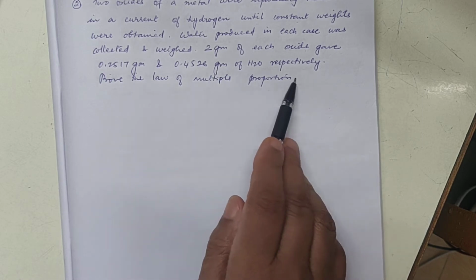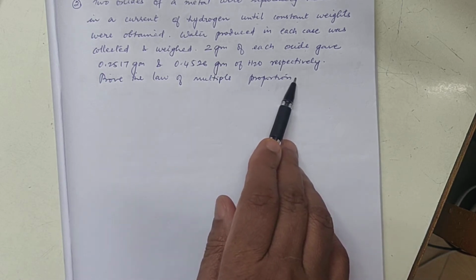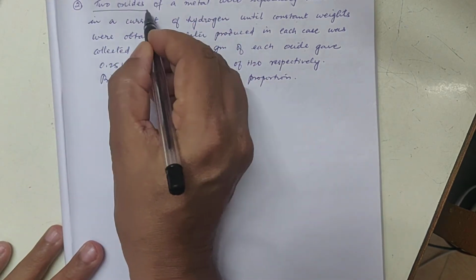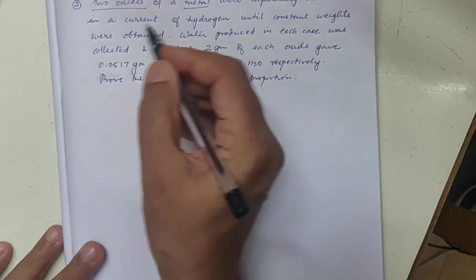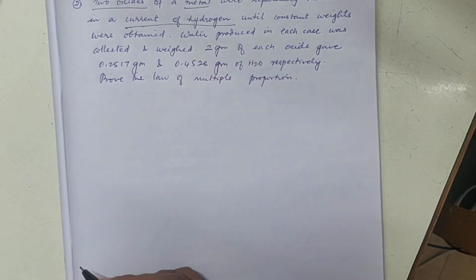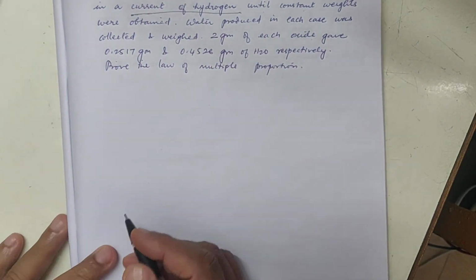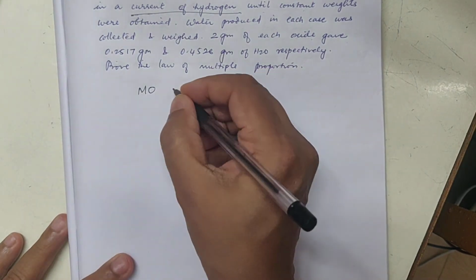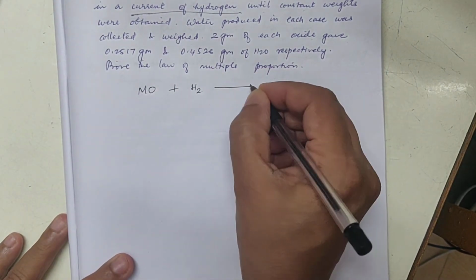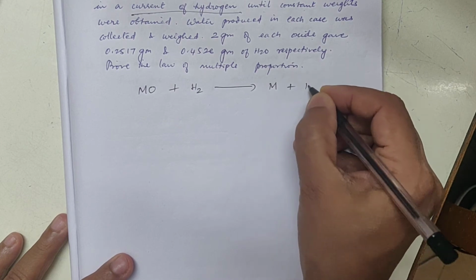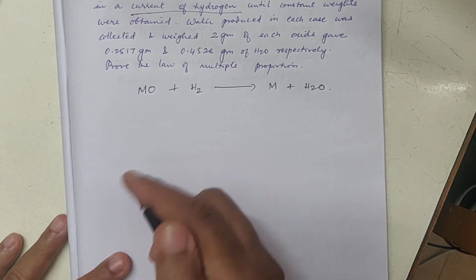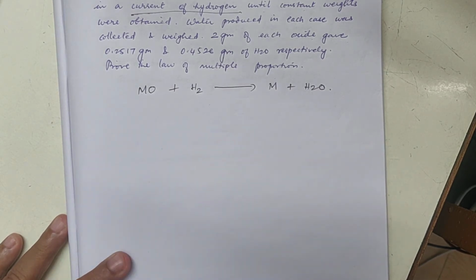And again you have to prove the same law. Now let me give you an example: say the oxide of a metal is MO, and when it is heated in the presence of hydrogen, you will get metal plus water. This kind of equation you have already studied in 10th class also, so you must be knowing.